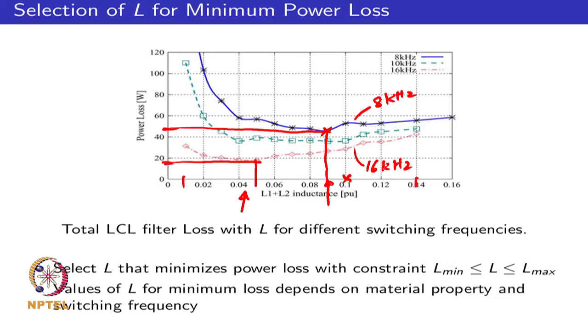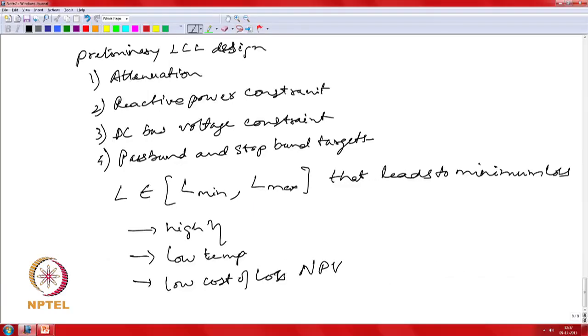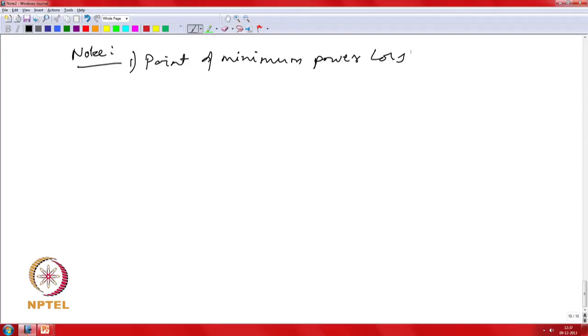So we can also see some of the points to note. The power loss is a function of switching frequency.